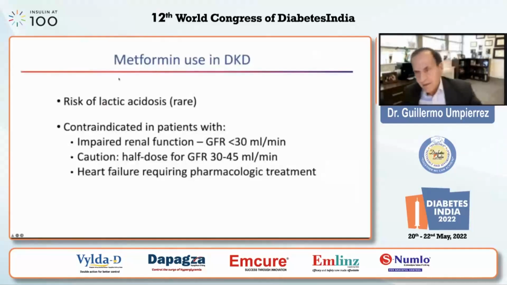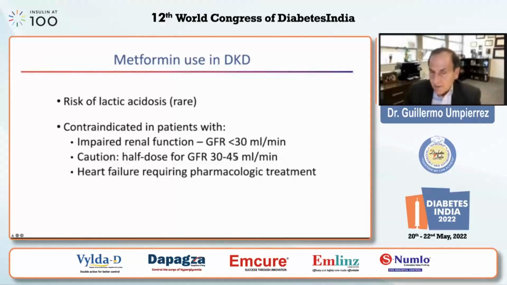Starting with metformin, the number one anti-diabetic agent used all over the world. It can be used until the glomerular filtration rate is less than 30, and then you have to stop. It's contraindicated if the GFR is less than 30. If the GFR is between 30 and 45, so stage 3B, you shouldn't use the full dose of 2 grams a day.